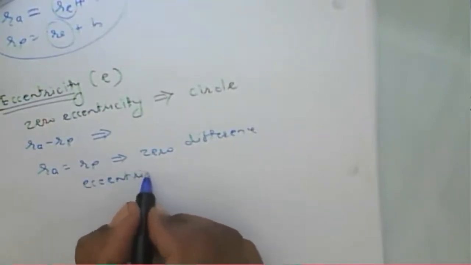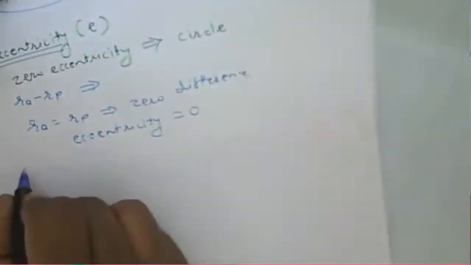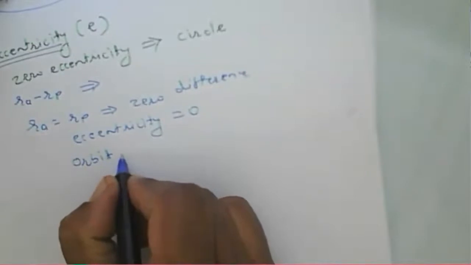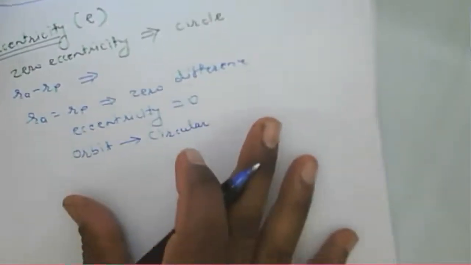If RA is equal to RP, there is zero difference, then eccentricity will be zero. If eccentricity is zero, then the orbit becomes a circular one.